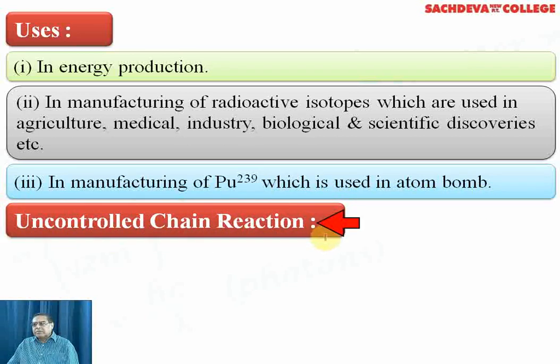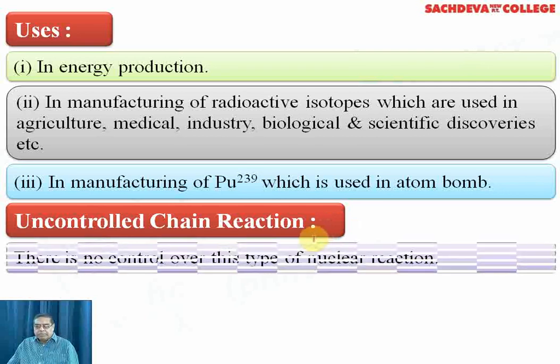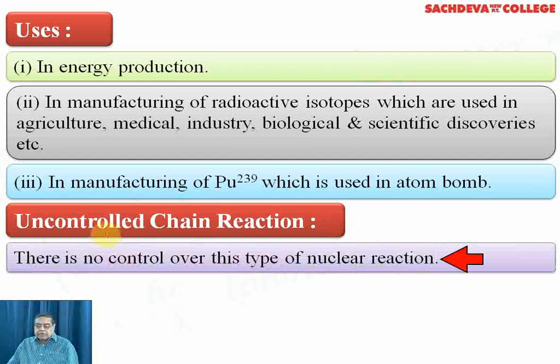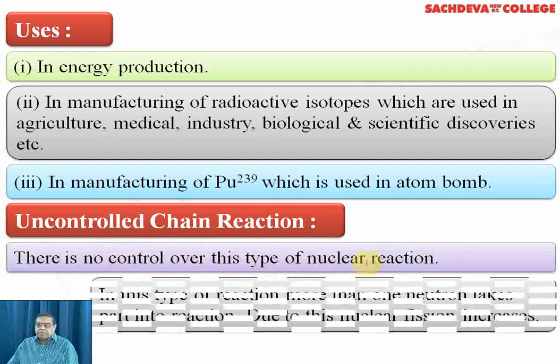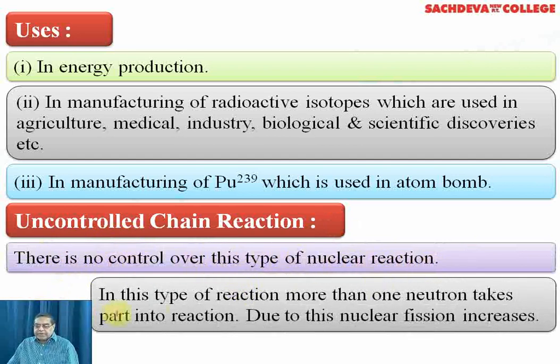Uncontrolled chain reaction is for the destructive purpose in the form of the atom bomb. There is no control over this type of nuclear reaction. In this type of reaction, more than one neutron takes part in the reaction, and due to this, the nuclear fission increases. The uncontrolled chain reaction can be carried out, like one of them called the implosion device, and this is done underground.